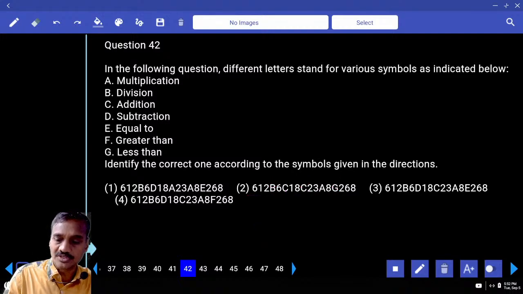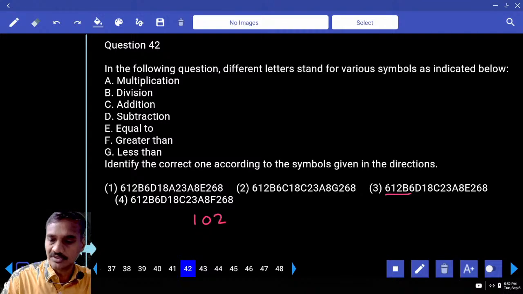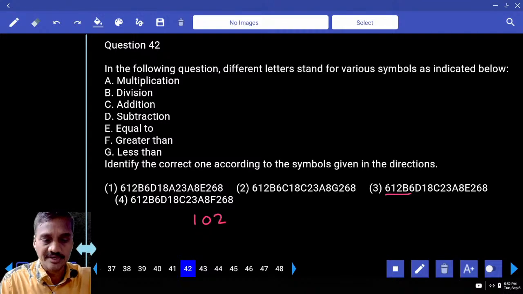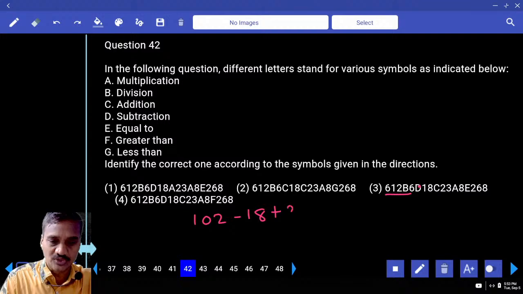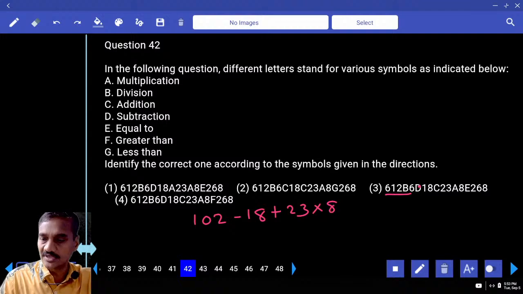Then coming to choice 3 here, 612 divided by B, 6. And what is the value here? 102. And next one, D stands for subtraction, minus 18. C stands for addition, plus 23. A stands for multiplication, 23 into 8, and E stands for equals to.